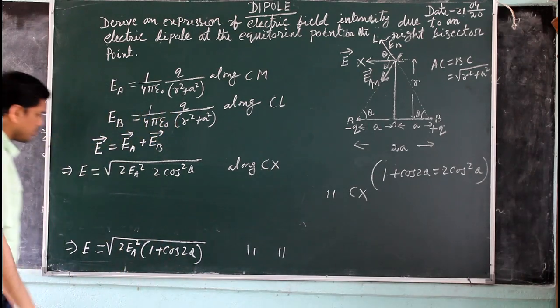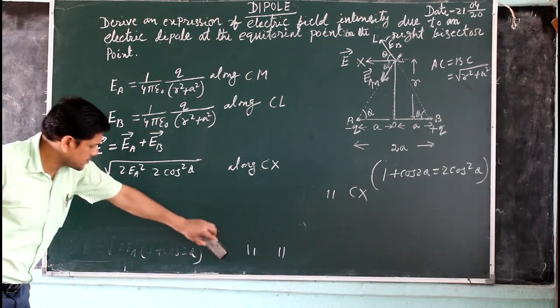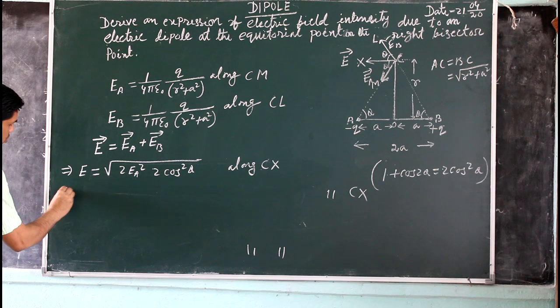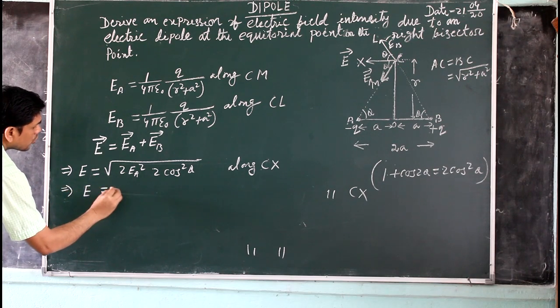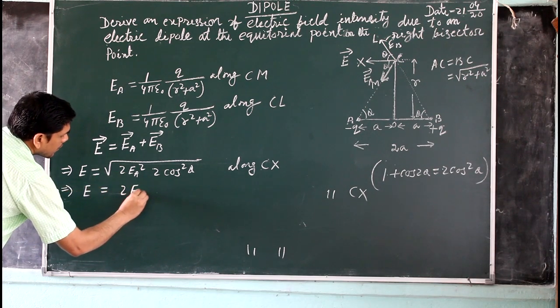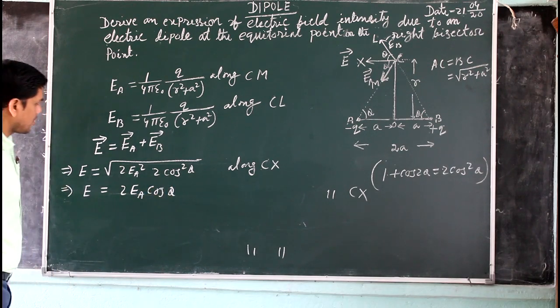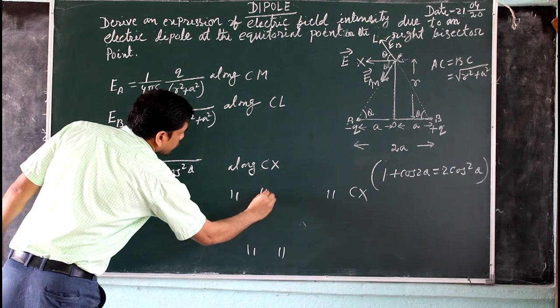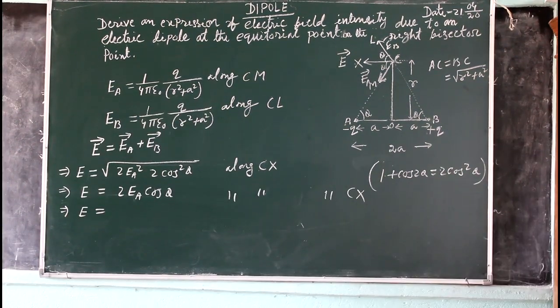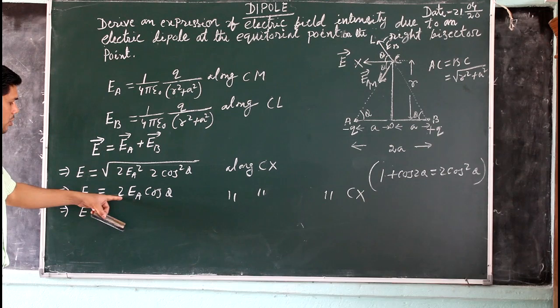CX gives the direction of the resultant electric field. So E equals 2A cos theta, along CX.